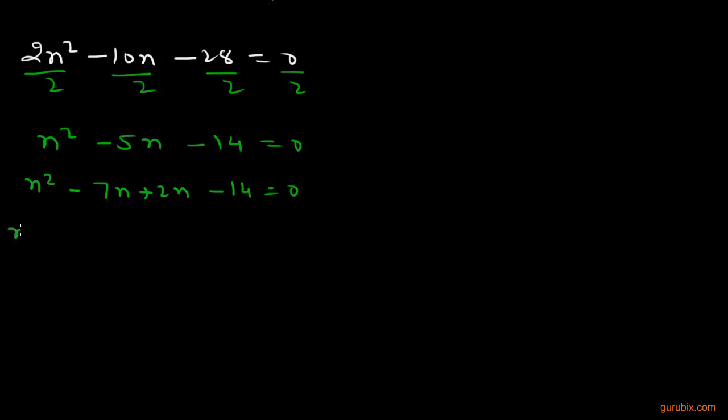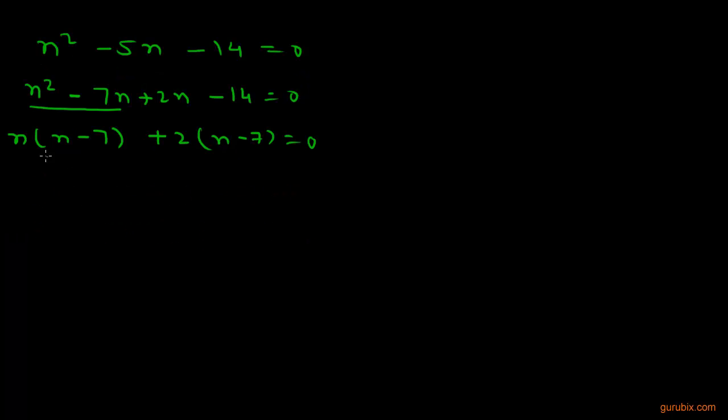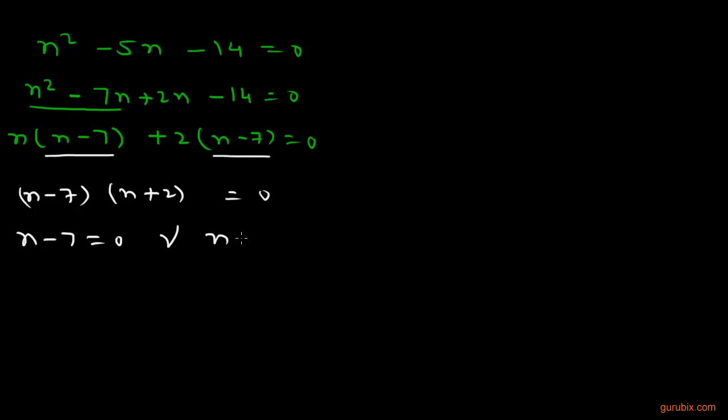Now we take common n from the first two terms. We get n into (n minus 7), and here we take common 2. We get 2 into (n minus 7) also. When we take common this n minus 7 from these two terms, we get (n minus 7) multiplied by (n plus 2) equals 0. So n minus 7 equals 0 or n plus 2 equals 0.